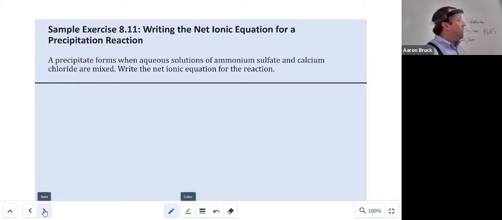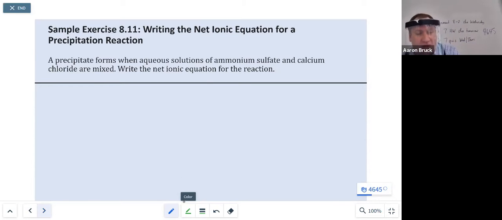So a couple of things that we have to do here. We have to, first of all, determine the formulas of the two solutions, figure out what the products are, do the double replacement, balance it all up so that we can get the molecular equation. All right.